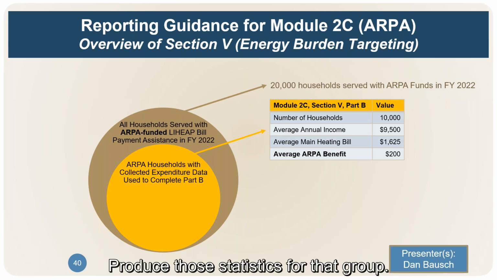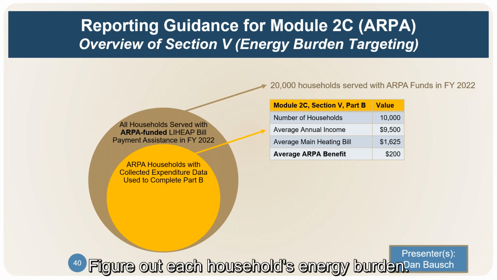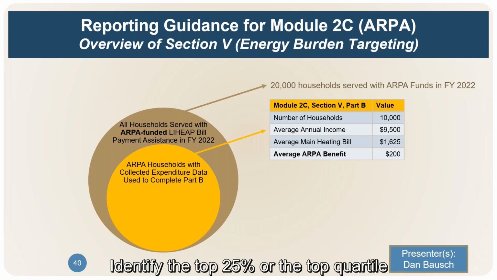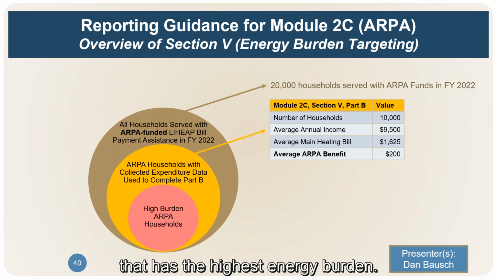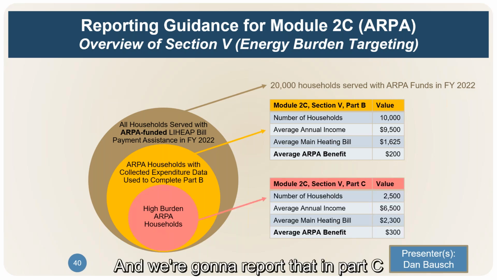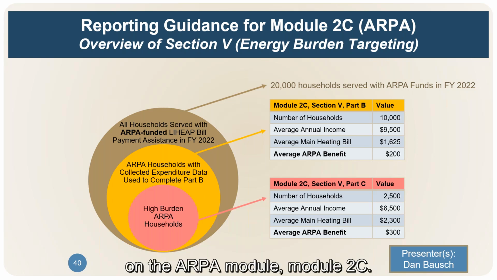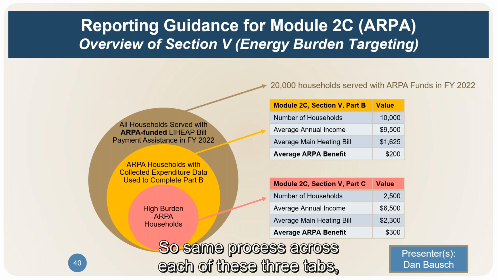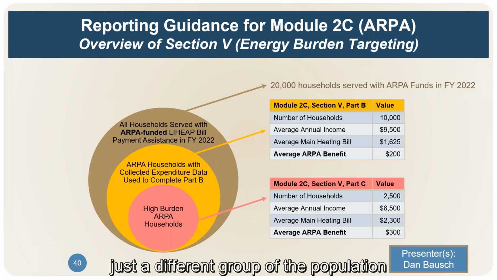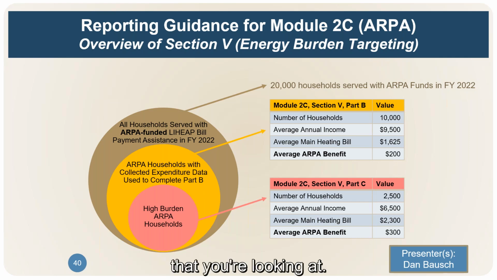Produce those statistics for that group, figure out each household's energy burden, identify the top 25% or the top quartile that has the highest energy burden, and we're going to report that in part C on the ARPA module, module 2C. So same process across each of these 3 tabs, just a different group of the population that you're looking at.